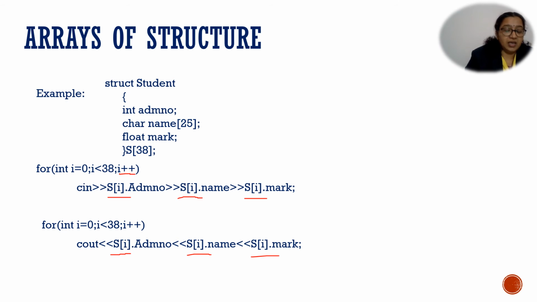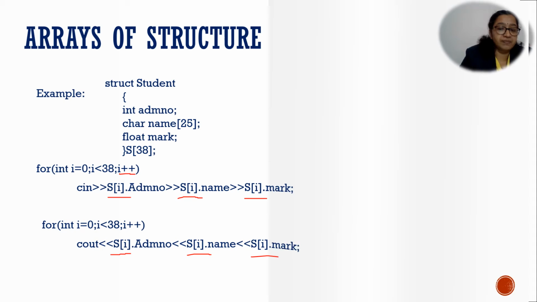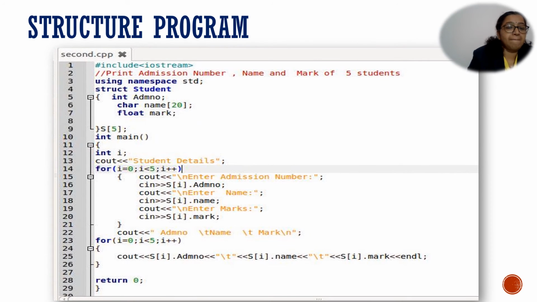Okay. Now I'll show you one program. See, print admission number, name and mark of 5 students. So 5 students' details we want to input and we want to display it. So what to do? Same style: hash include iostream, using namespace std, then declare the structure.